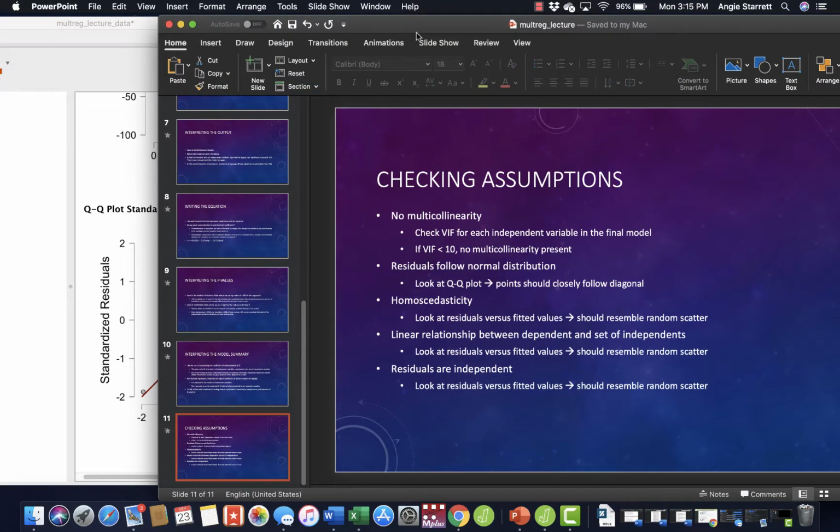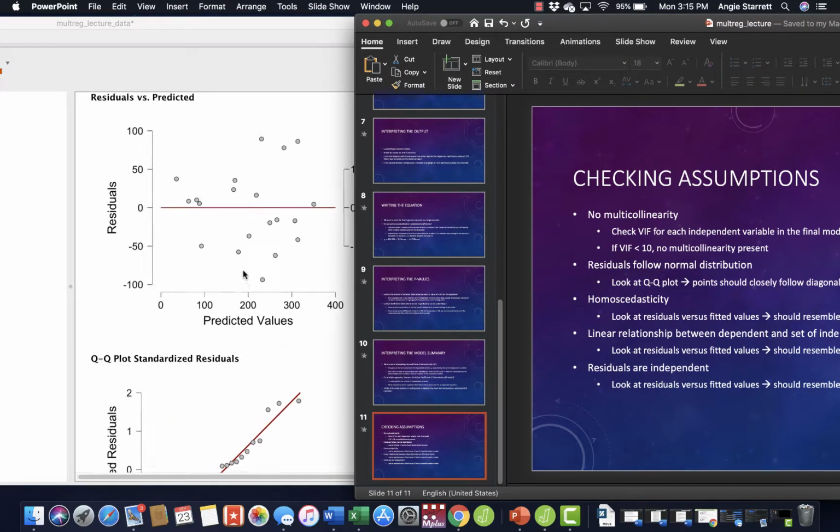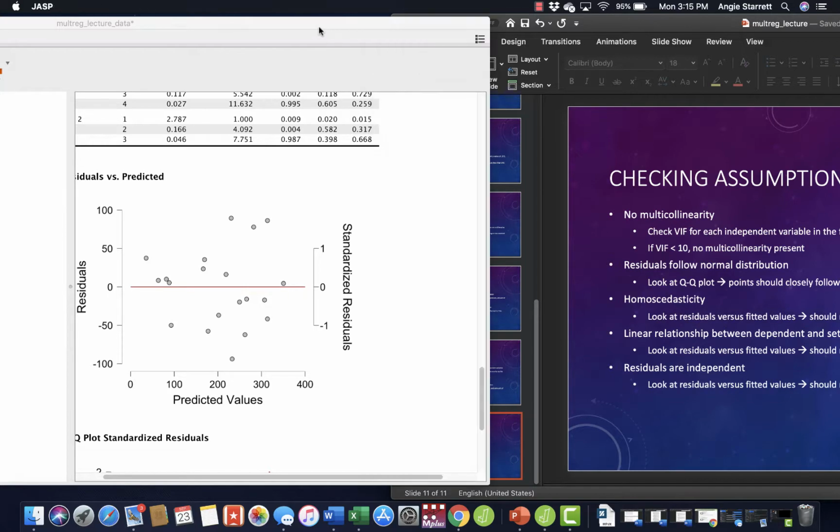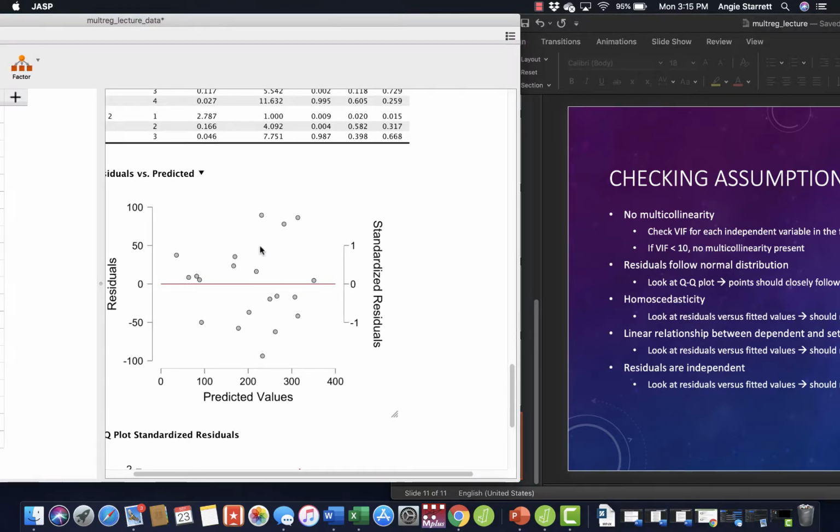All right, the other three assumptions, homoscedasticity, that the residuals are pretty consistent, the linear relationship between the dependent and the set of independents, and the residuals being independent, all come from the residuals versus predicted values plot. What you're looking for in this plot is random scatter.